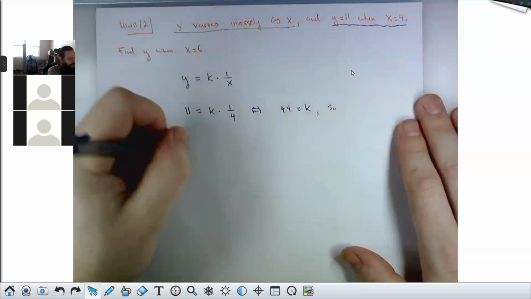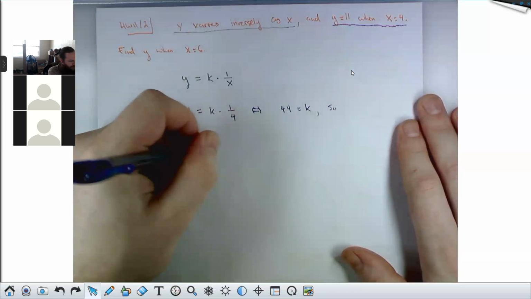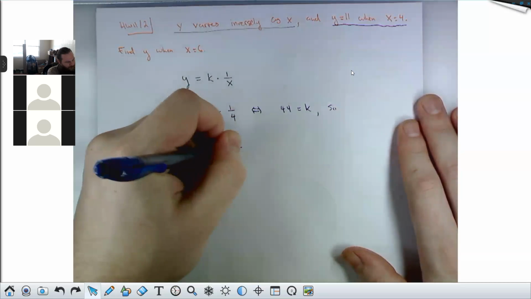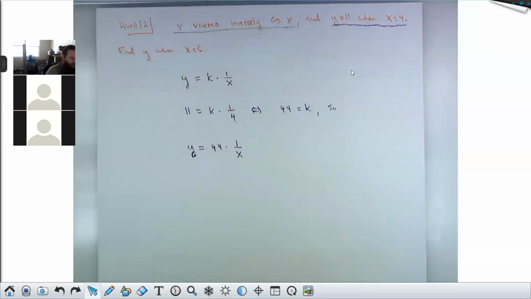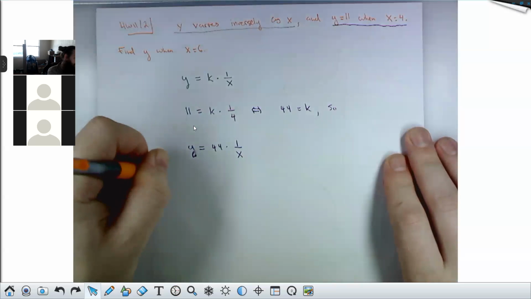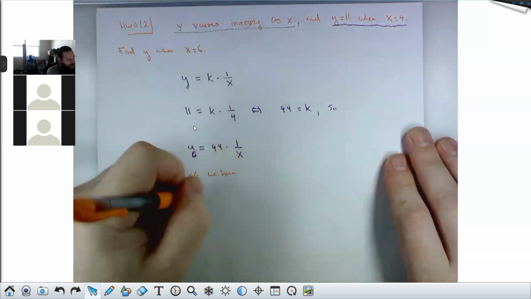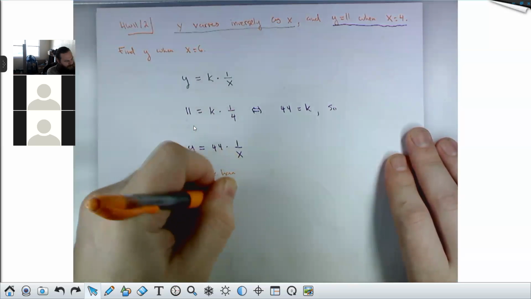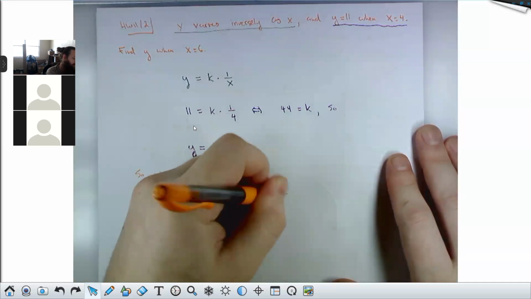So we can update our equation. y must be equal to 44 times 1 over x. And now if I want to find y when x is 6, I just plug in x equals 6. So when x is equal to 6, we have y equals 44 times 1 over 6, which is just 44 over 6.